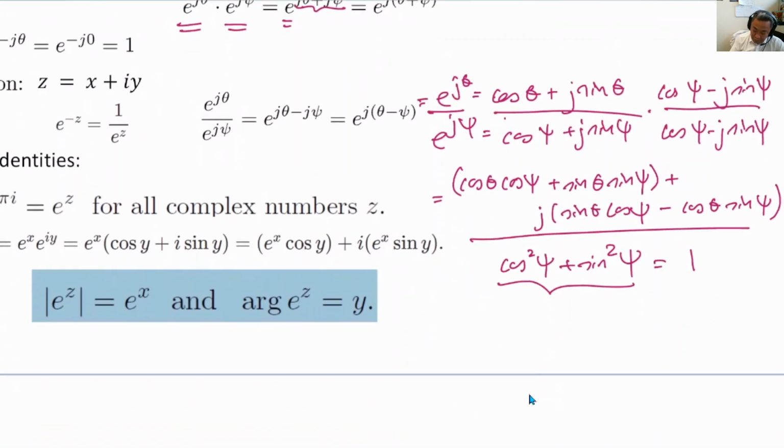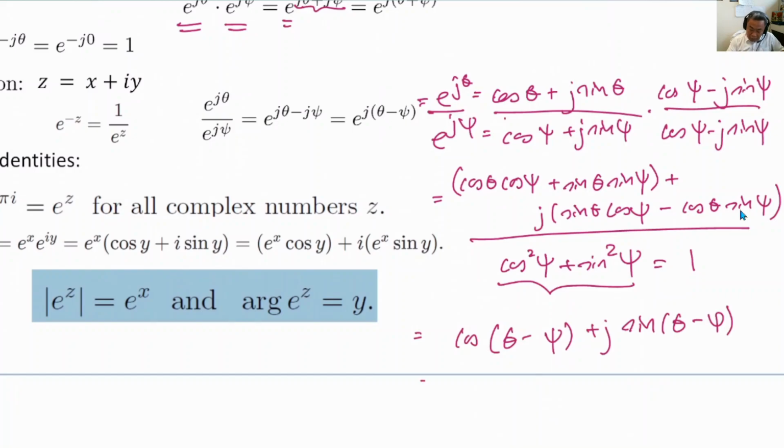So we are left with the top expression, and then we remember the trigonometric identities for the difference of angles: cosine θ cosine ψ plus sine θ sine ψ reduces to cosine(θ−ψ). And what about the bottom one? It is plus j, so sine θ cosine ψ minus cosine θ sine ψ is j sine(θ−ψ).